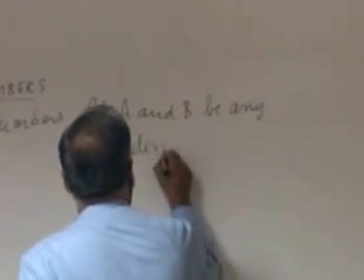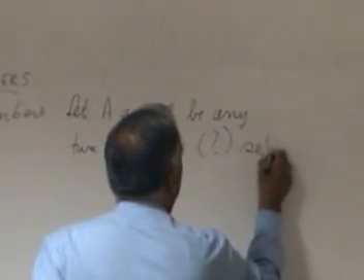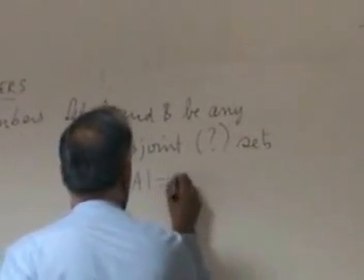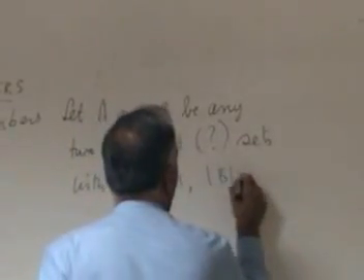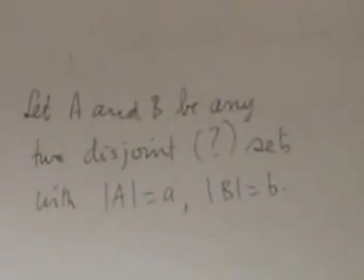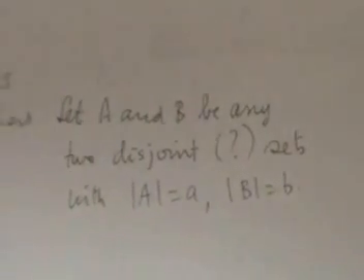Now I am going to put disjoint sets with cardinalities A and B. See, that itself is a question mark. What is the guarantee that there are two disjoint sets, one with cardinality A and one with cardinality B? You have to do a bit of handwork, but you have to. If you are in computing, you can show that there are no problems about that.